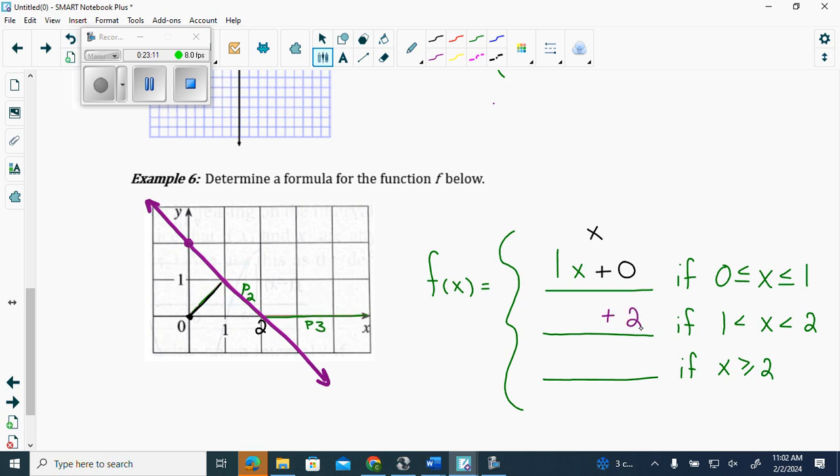And then what's my slope? Down 1, right 1. So what does that result in? Just negative 1, correct? So I'm going to get negative 1x. Or I could have just written negative x, because that's the same thing. Right?